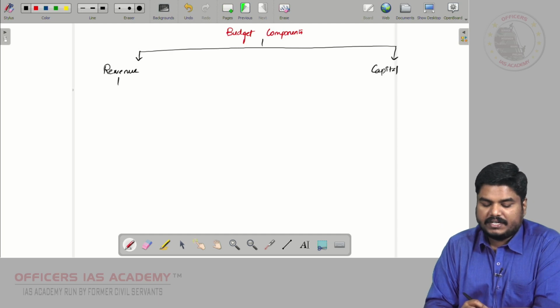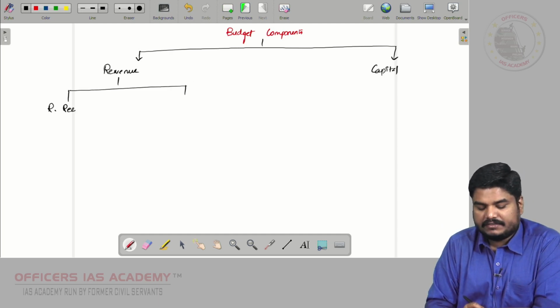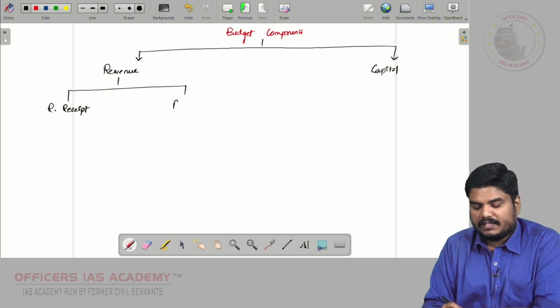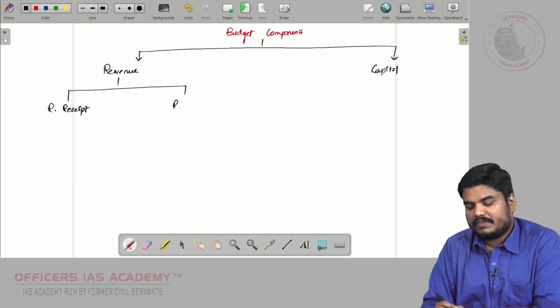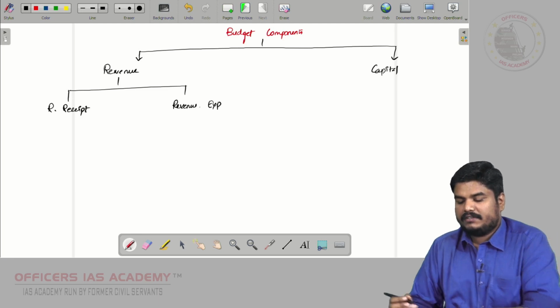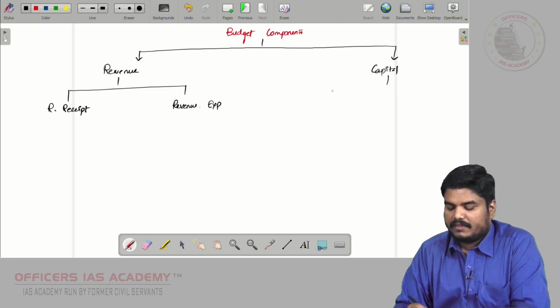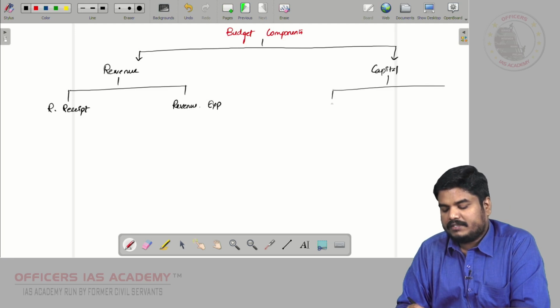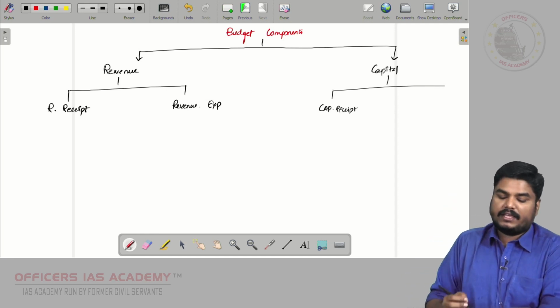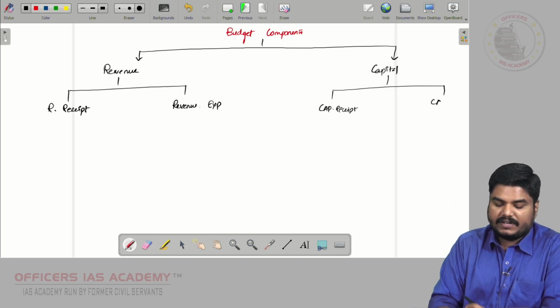This is further divided into revenue receipt, revenue expenditure, capital receipt and capital expenditure.